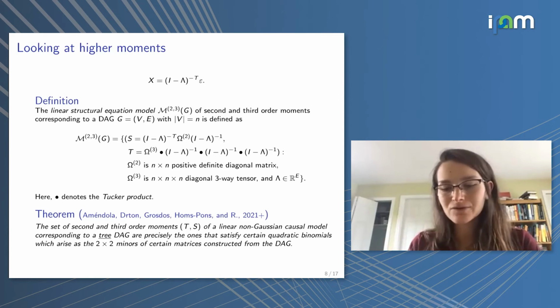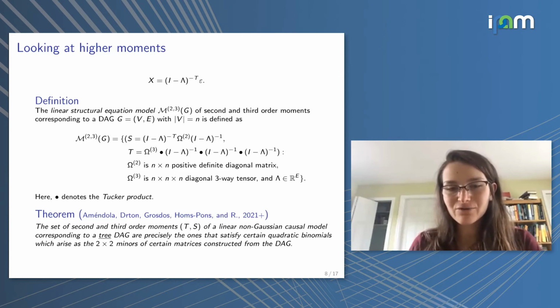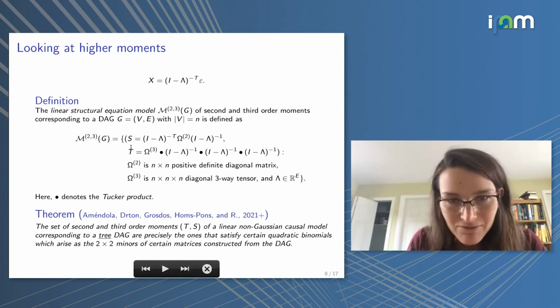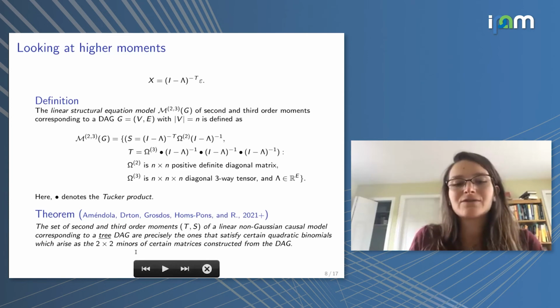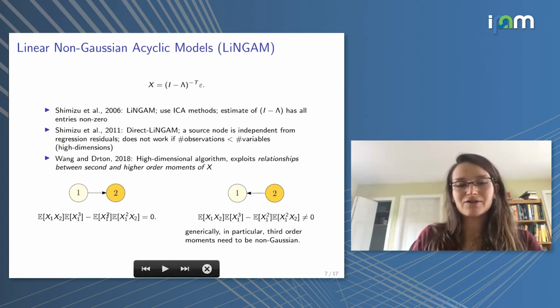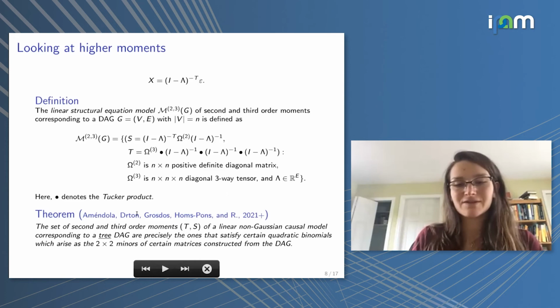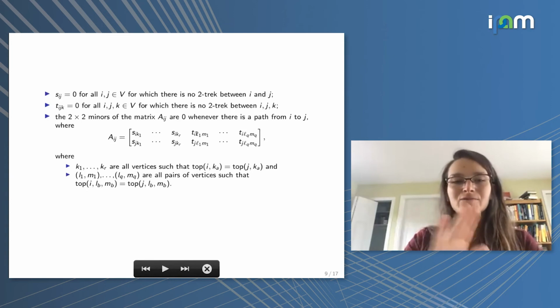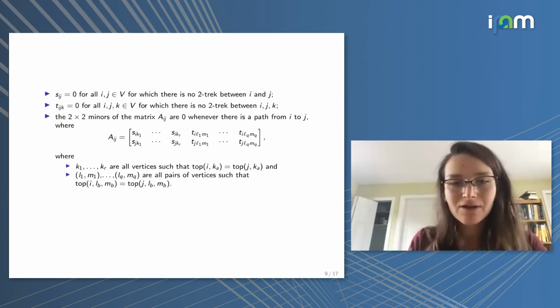I'm not going to show you the actual equations in the interest of time, but I'm very happy to tell you about them later. The equations are exactly these quadratic binomials, quadratic equations that have two terms. Here is this matrix that has entries in S and T, and its 2x2 minors are 0. But I don't want to explain how we get this matrix right now.